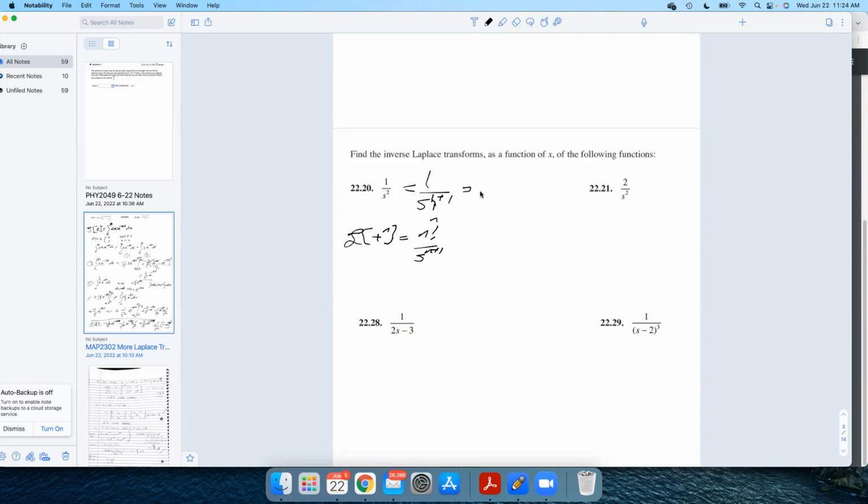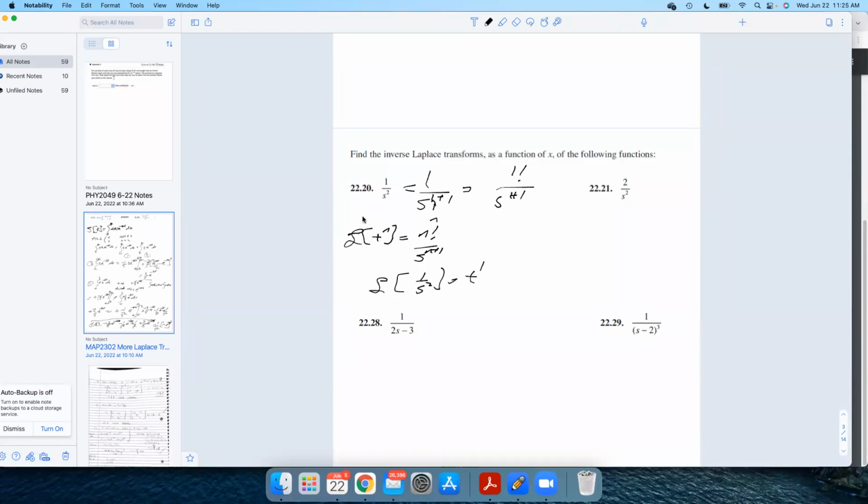In this case, I do. 1 factorial is just 1. If it wasn't there, I would have to put it in. But in this case, 1 factorial is just 1. So now we're just working backwards. n is 1, so this is just t. So the inverse Laplace transform of 1 over s squared is just t to the first.